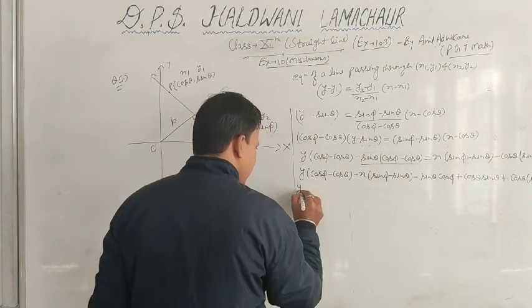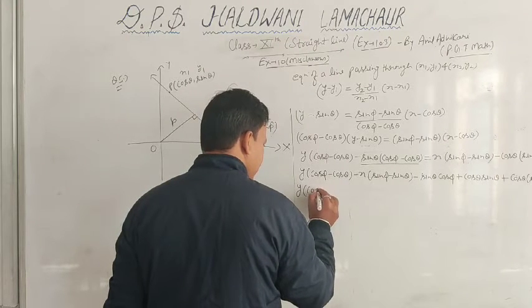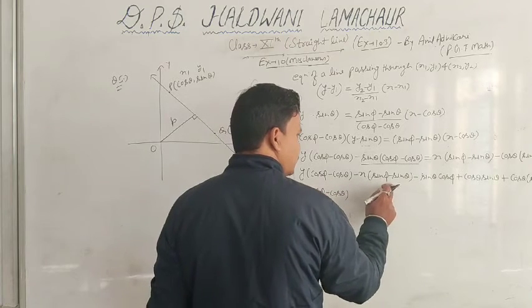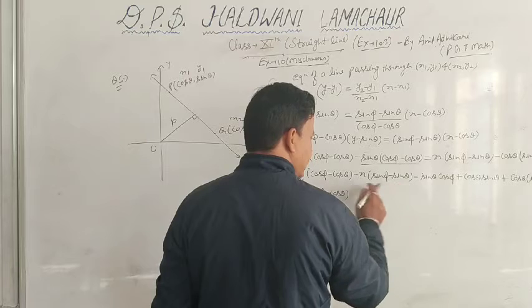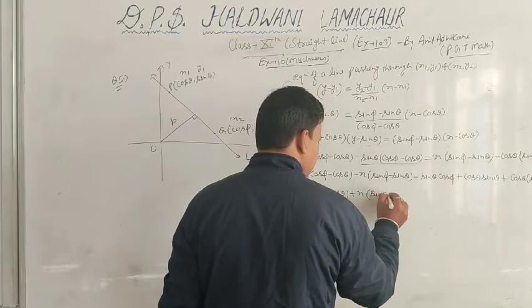So this will be y times (cos phi minus cos theta), and taking minus common from sin phi minus sin theta, this will become plus x times (sin theta minus sin phi).